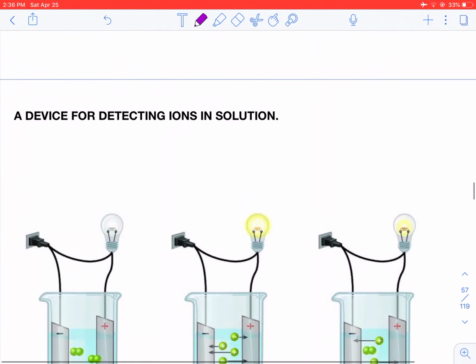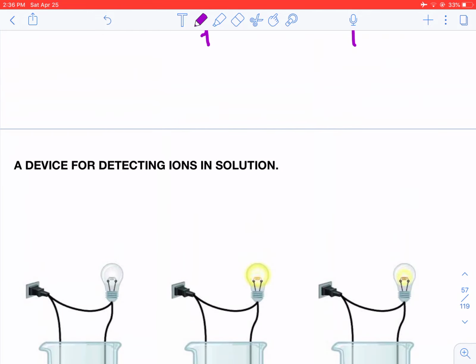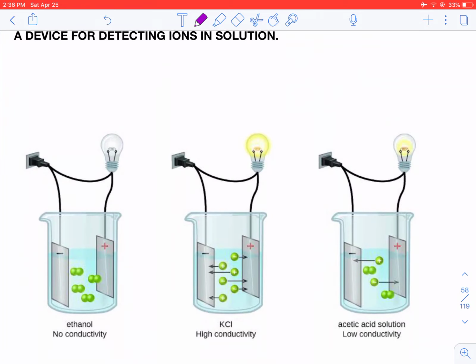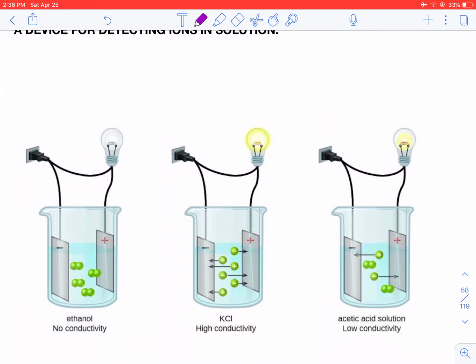Right, now, let's look at the device for detecting ions in solution. Here we have a device which shows you, if we have, for instance, ethanol, CH3CH2OH, there's no conductivity.